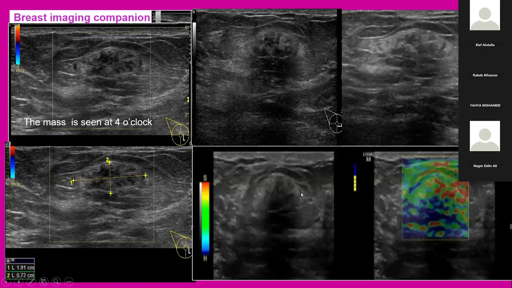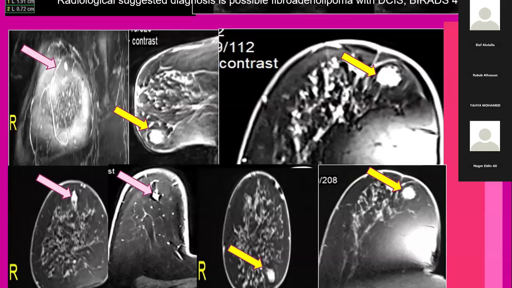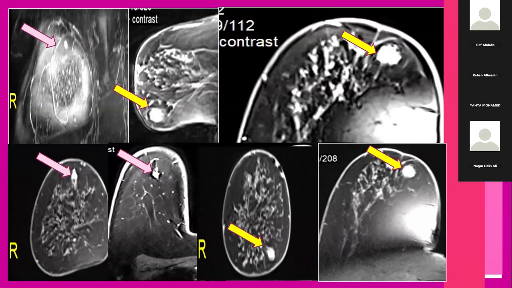It appears a little more heterogeneous with shadowing, and on elastography it gives some hard elasticity. So the radiological diagnosis is possible fibroadenolipoma with DCIS, BI-RADS 4C, and we proceeded to MRI.